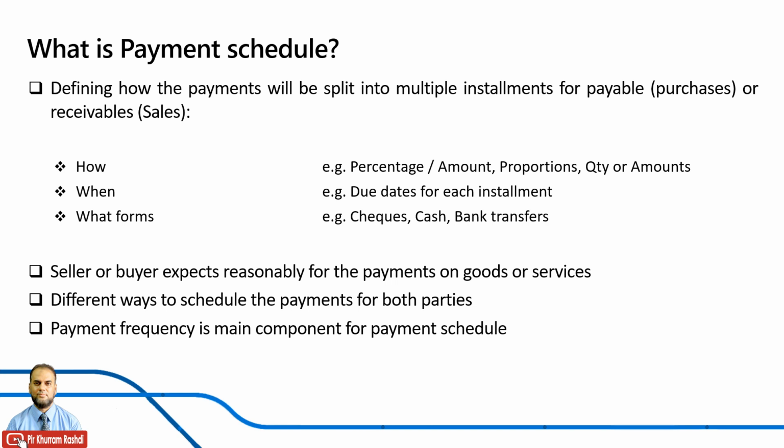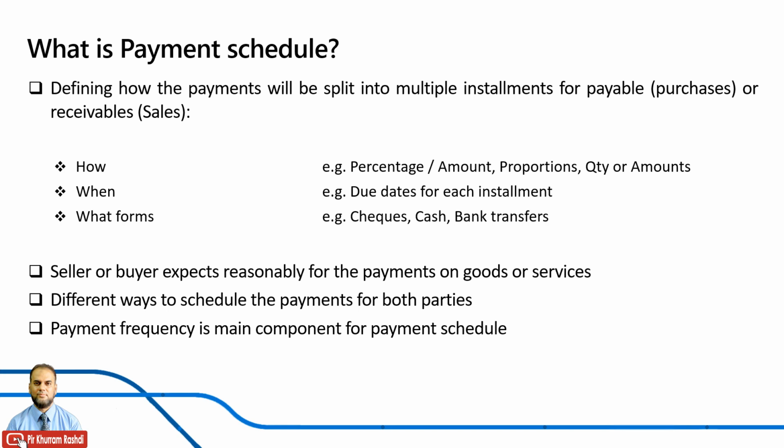Okay, a seller or buyer reasonably expects payments for goods or services. That's why a payment schedule or installments are needed. As a seller, you are selling something, and you expect from your customer that when you have sold the goods or services, they can pay in whatever agreed amount, or whatever your SOPs are.